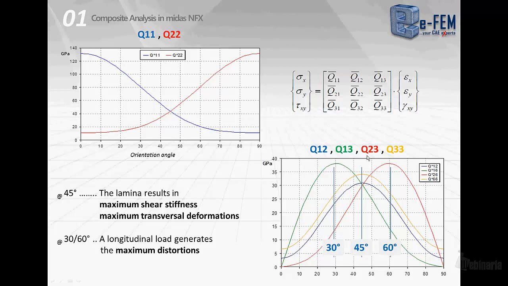Moreover, if we consider the Q13 and Q23 terms, so the coupling terms, we will see that the maximum of these coupling terms is reached at 30 and 60 degrees. So at those angles we will have the maximum distortion of the lamina.